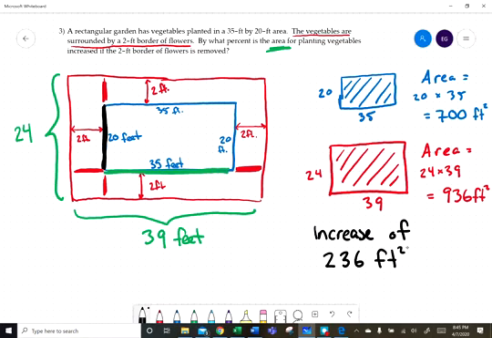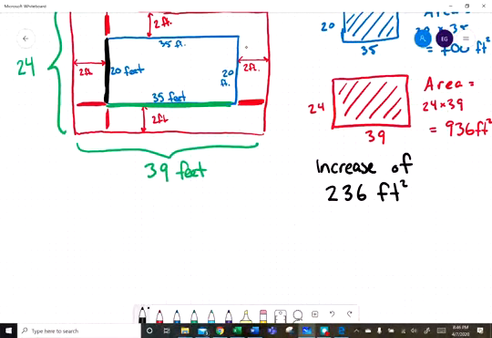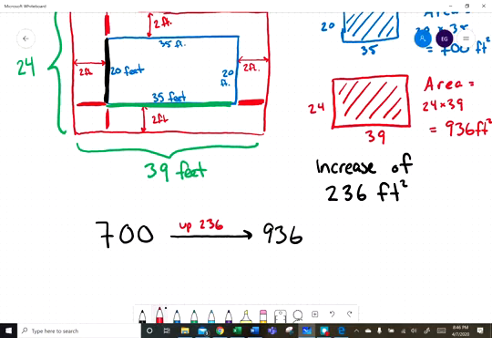But the directions don't say how many square feet was the increase. The directions say by what percent. By what percent did the area increase? All right, so we went from 700 square feet up to 936, which means we went up 236 square feet.